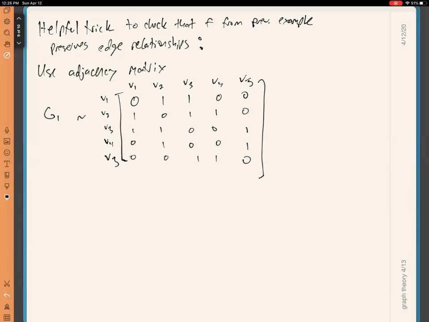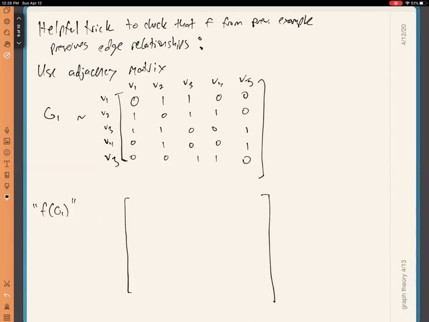And now what I'm going to do is form the adjacency matrix, not necessarily for G2, but for, I'll put this in quotes, F of G1, where the function sends the respective vertices.